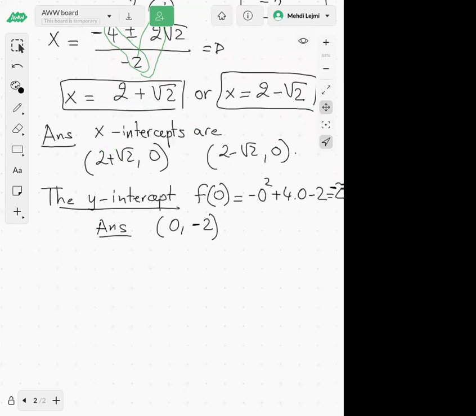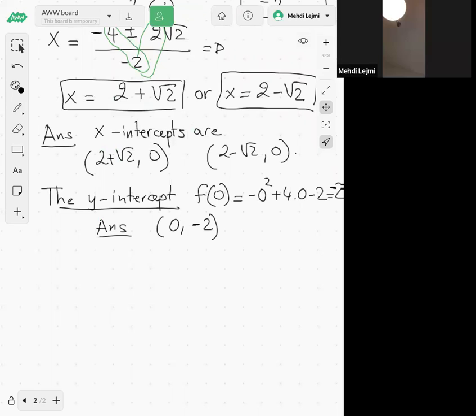The axis of symmetry, well, it's just the same as the equation of the vertex. So for the axis of symmetry, guys, this is part C. The axis of symmetry is just the vertical line passing through the vertex.